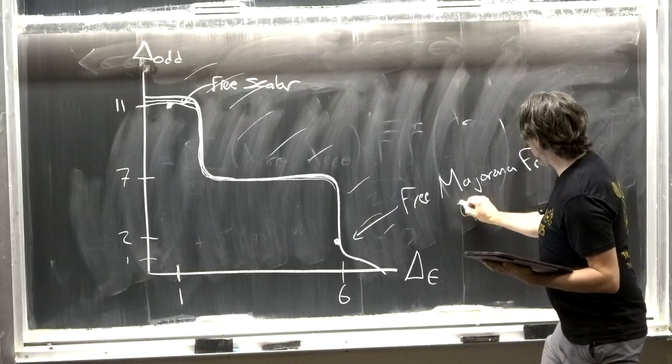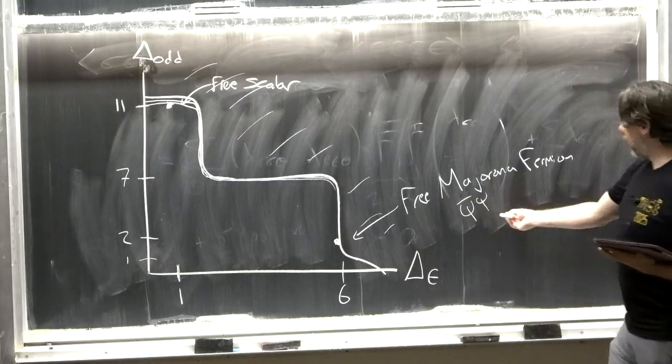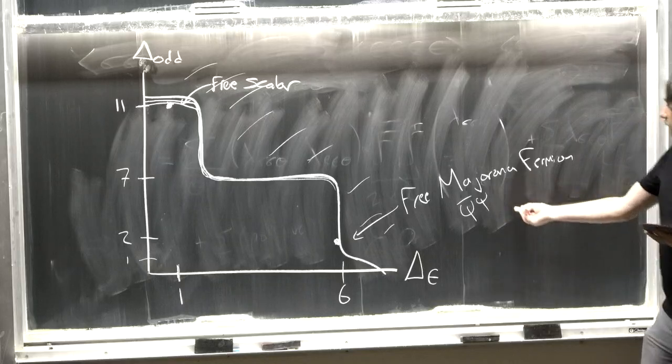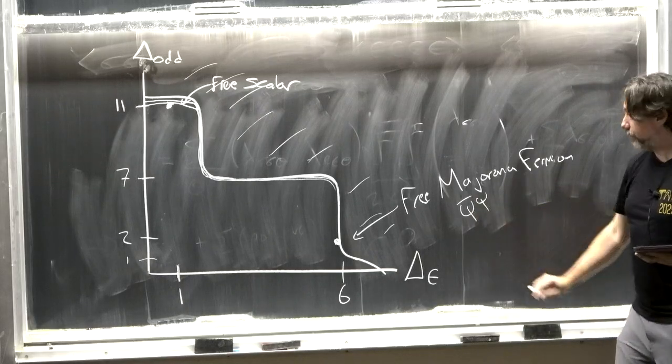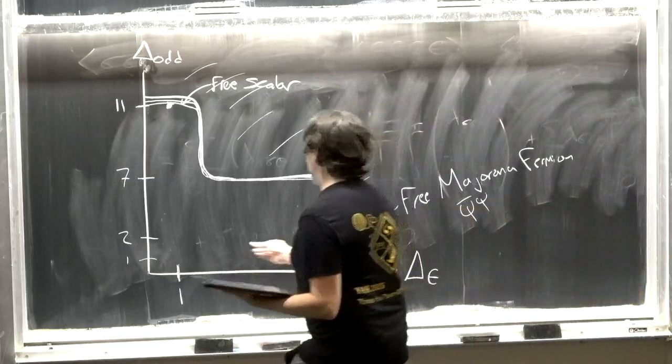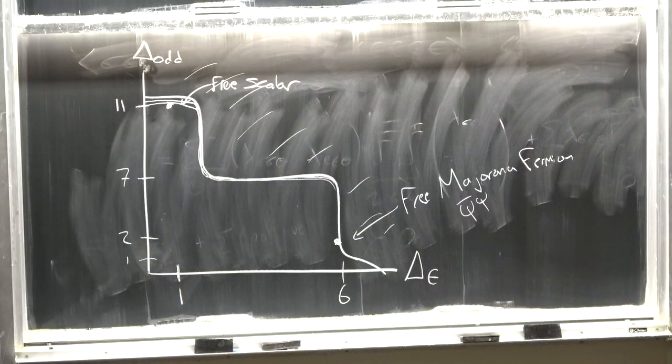If you like, the psi bar psi operator has scaling dimension 2. And if you look at how it transforms under parity, this is parity odd. So this is why a fermionic theory has a low dimension parity odd scalar.